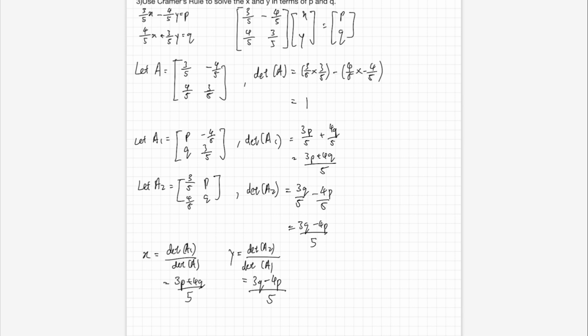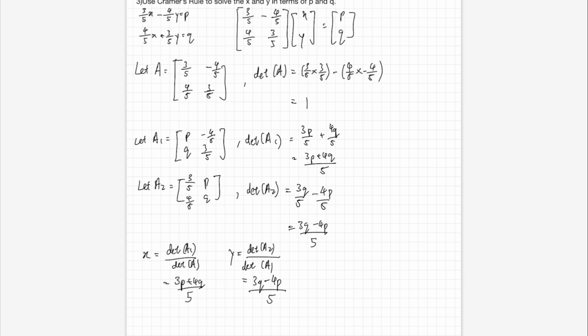Like the same, the A2 is 3/5 P, 4/5 Q. So I substitute P and Q into the second column of matrix A. So the determinant of A2 is (3Q minus 4P) over 5.